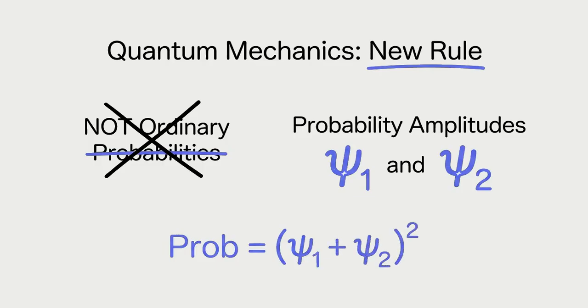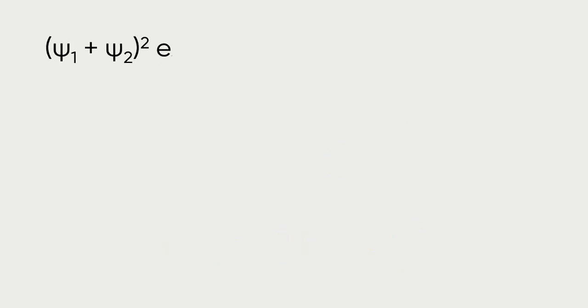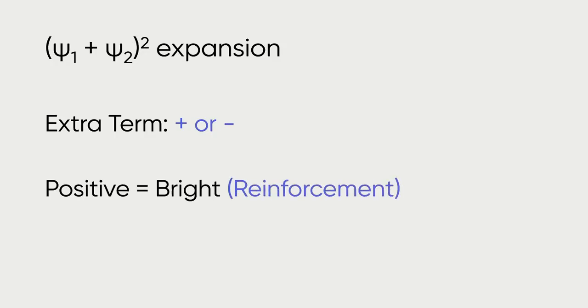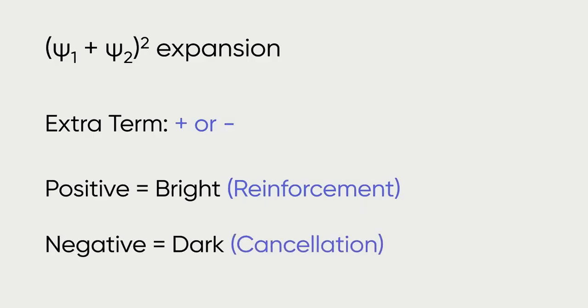So the probability on the screen is the square of psi1 plus psi2. When you expand that square, you get two normal probability terms and an extra cross term. That extra term can be positive in some places and negative in others. That's interference. Bright fringes come from reinforcement. Dark fringes come from cancellation.